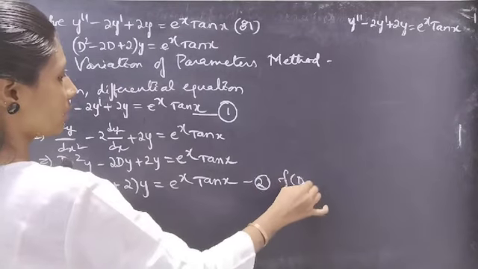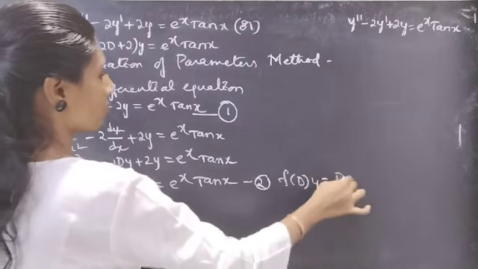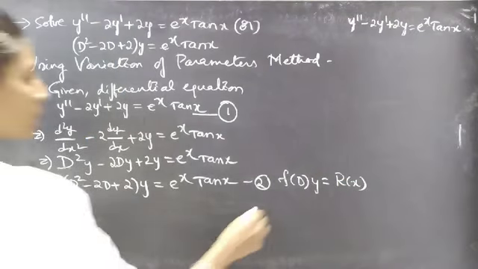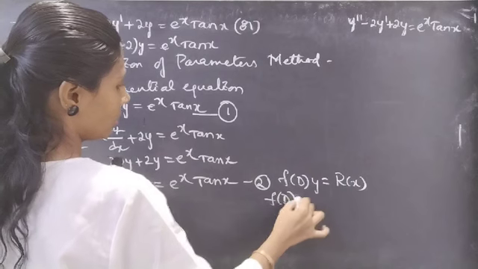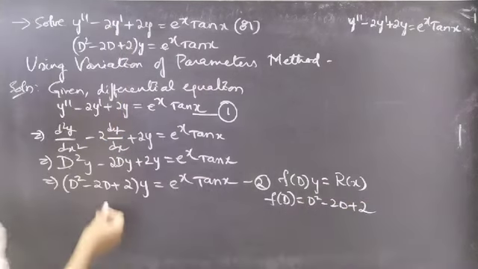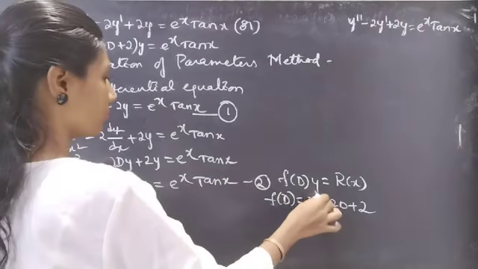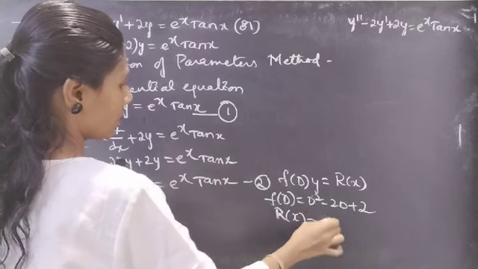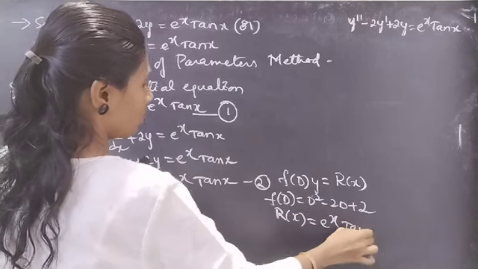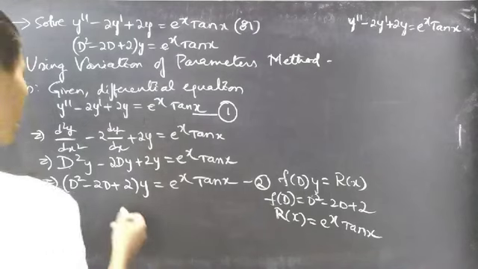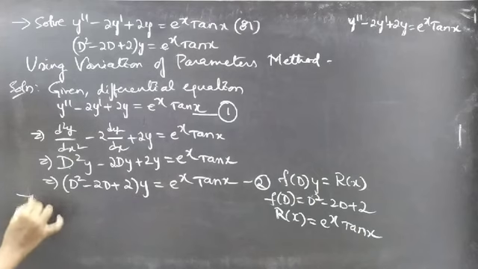Say f of D into y equal to some function of x, where f of D is D square minus 2D plus 2, and r of x is e power x tan x.